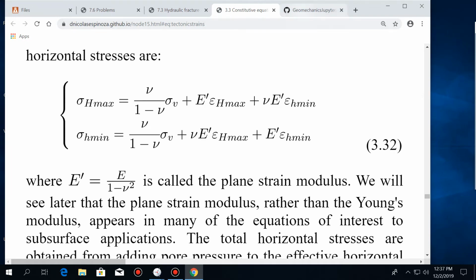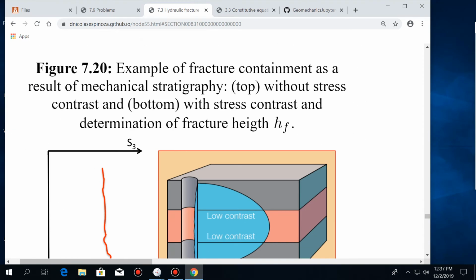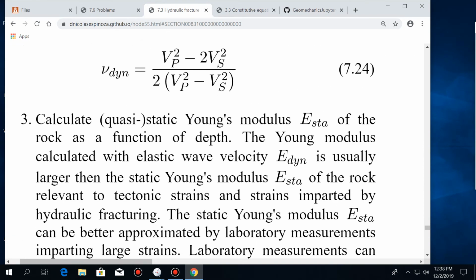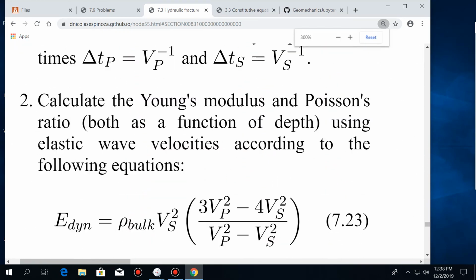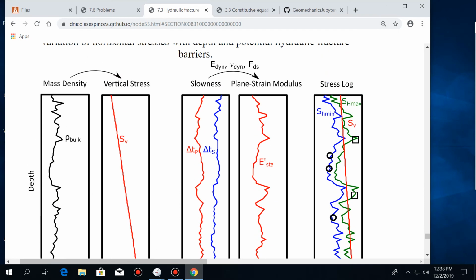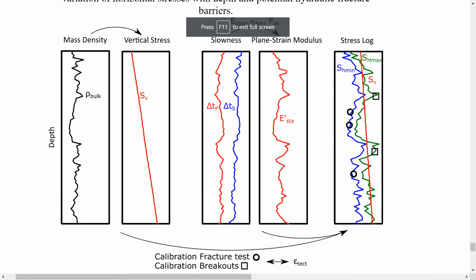Well, these tectonic strains come from, let me find that again. They come from the calibration of real data with the stresses that you calculate with those equations.